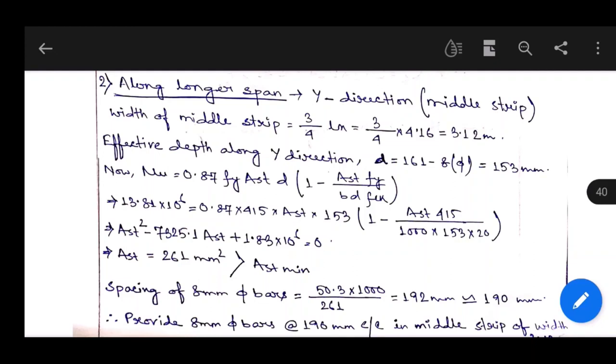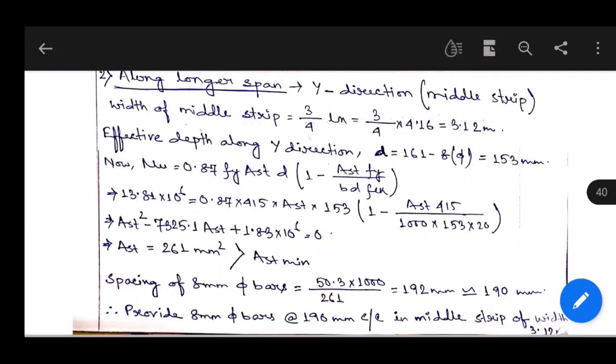So hence okay for design. So spacing of 8 mm dia bars is 50.3 into 1000 by 261, that is equal to 192 mm, or we may write that as equivalent to 190 mm.